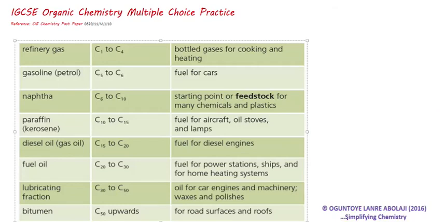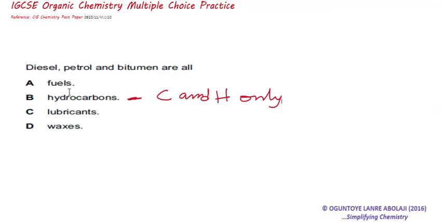So let's go back to our question. What do you think the correct option here will be? Diesel, petrol, bitumen: they are all hydrocarbons. Diesel is a hydrocarbon, petroleum is a hydrocarbon, bitumen is a hydrocarbon.